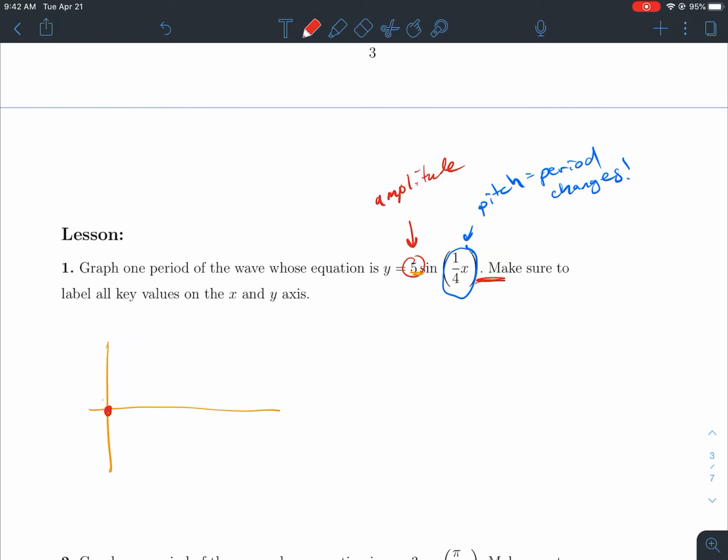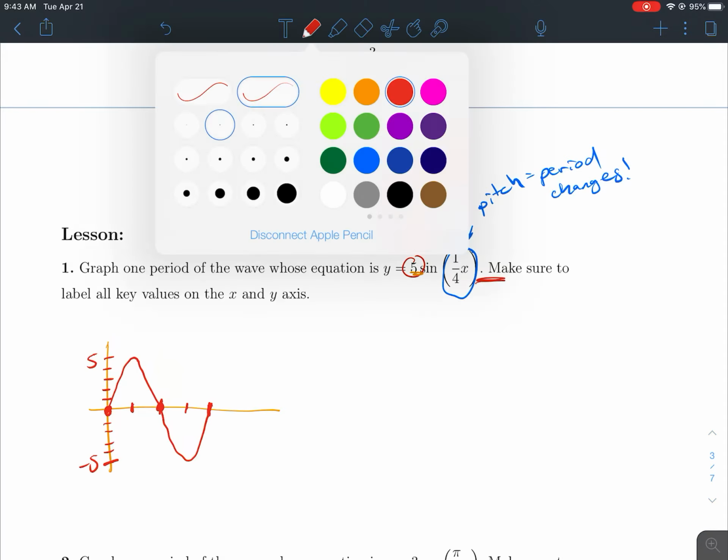However, sine is going to start at 0, 0. It's going to go up to 1, 2, 3, 4, 5. It's going to go down to 0, 0. It's going to go down to its minimum of -5. And it's going to go back home to 0.